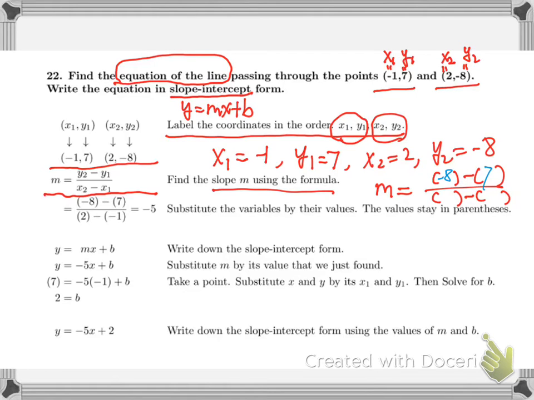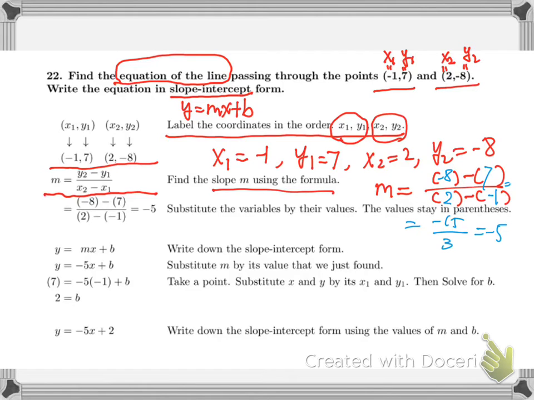The denominator is x2 minus x1, so 2 minus x1, negative 1. Then the numerator is negative 15, the denominator is 3, so it's negative 5.